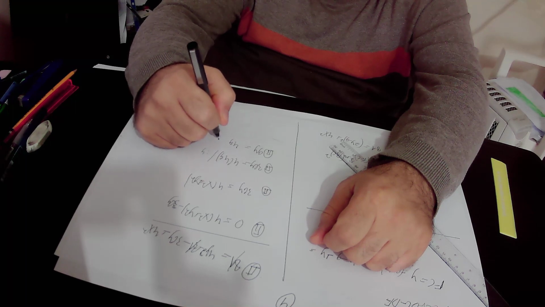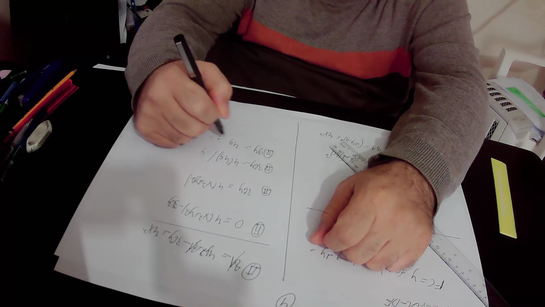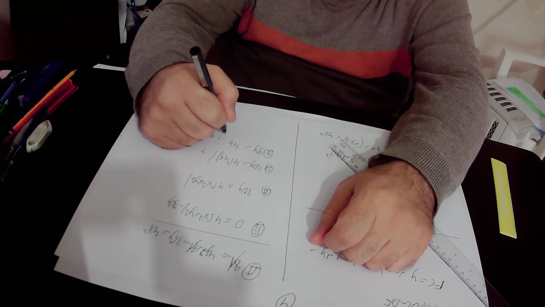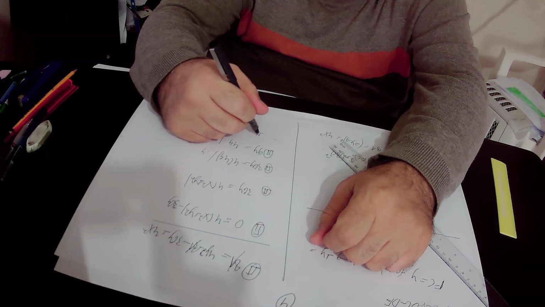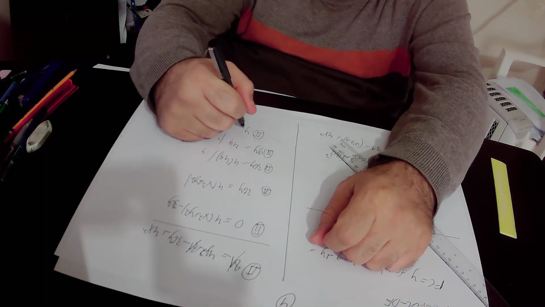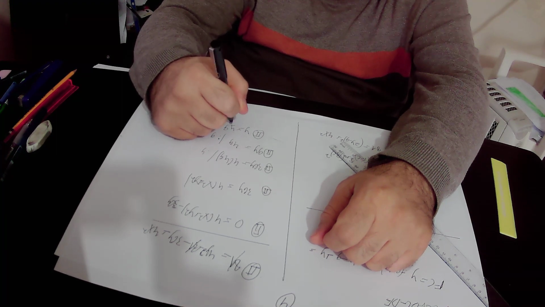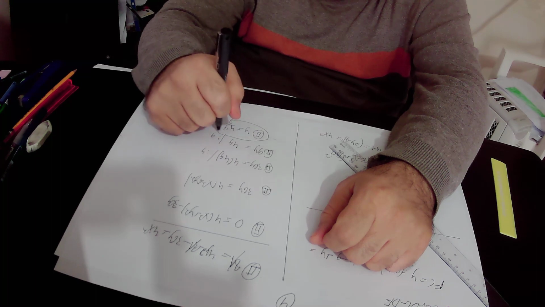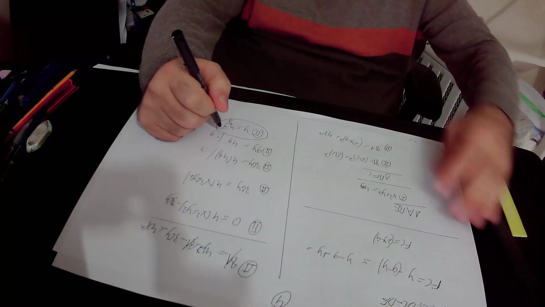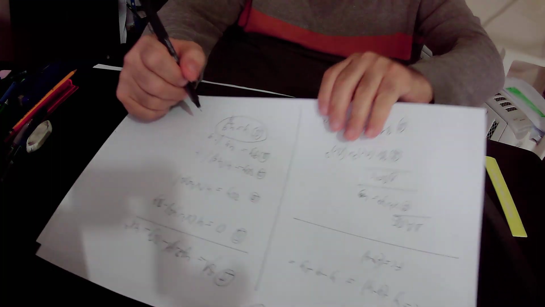We divide this equation by 9 and we get that y equals 49 over 9.